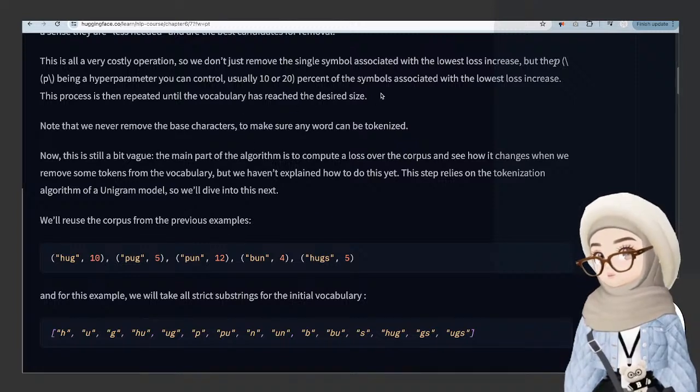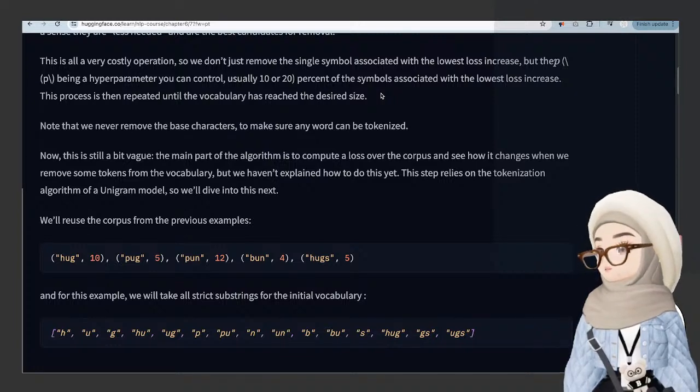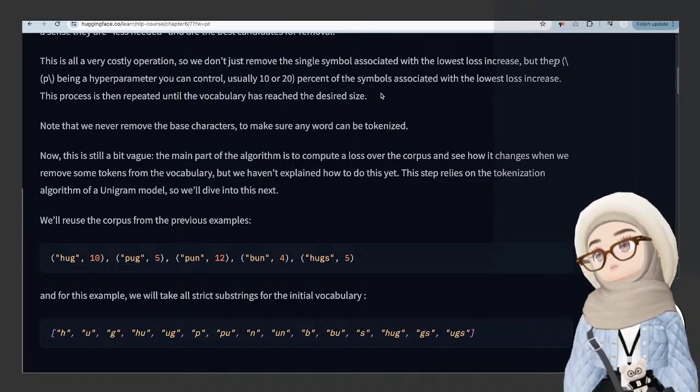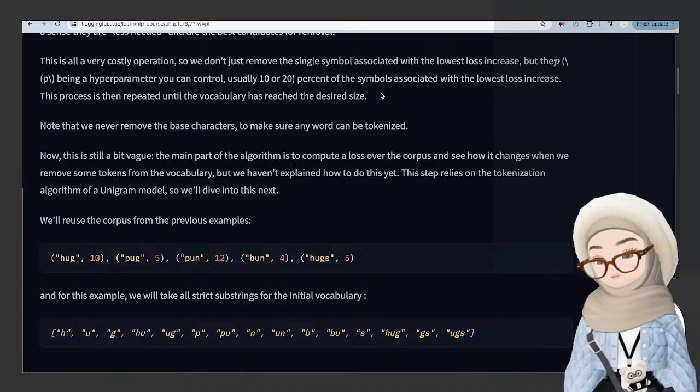Okay. This is all very costly. Yes, very costly operation. So we don't just remove the single symbol associated with the lowest loss increase.